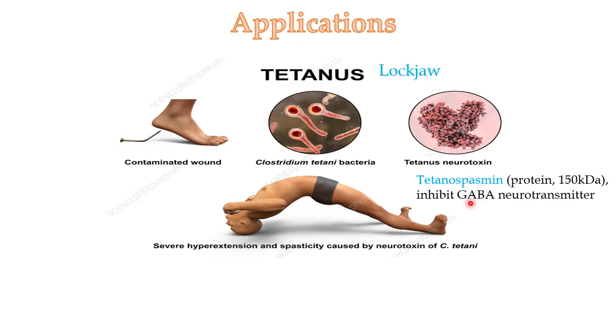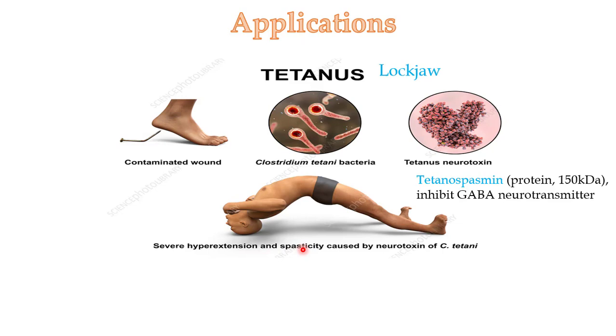This is gamma aminobutyric acid. This GABA neurotransmitter is very important for the normal contraction and relaxation of the muscles. And when the tetanus spasmin inhibits the GABA neurotransmitter, it results in severe hyperextension and spasticity in the muscles.